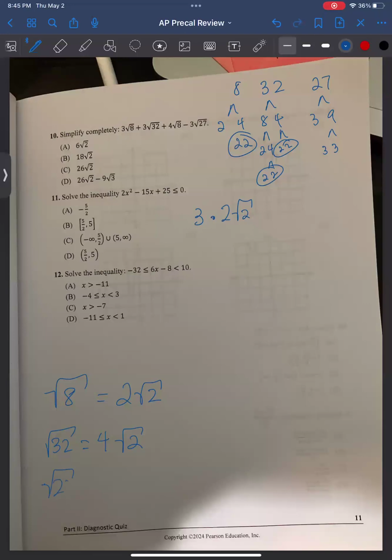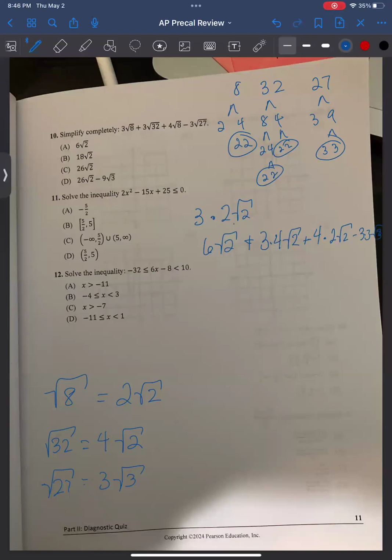And the square root of 27 is equal to 3 square root of 3. So now I just do 3 times 2 square root of 2 is 6 square root of 2, plus 3 times 4 square root of 2, plus 4 times 2 square root of 2, minus 3 times 3 square root of 3.